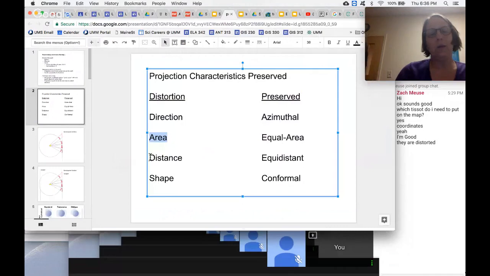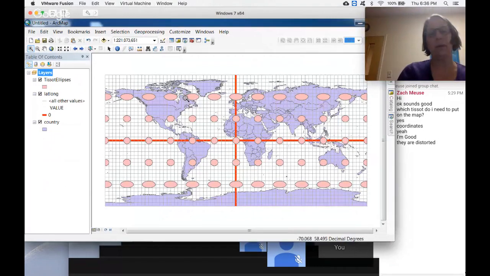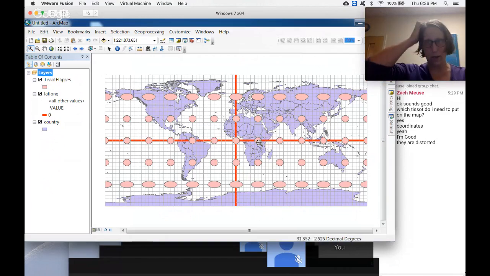And then, of course, distance. The distance between, say, New York and Moscow is greatly exaggerated in this map. But the distance between, say, Ecuador and Indonesia is not distorted at all. That would be roughly correct because there's no distortion along the equator in this map.